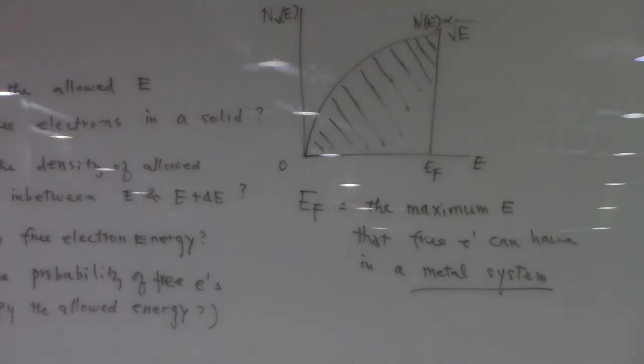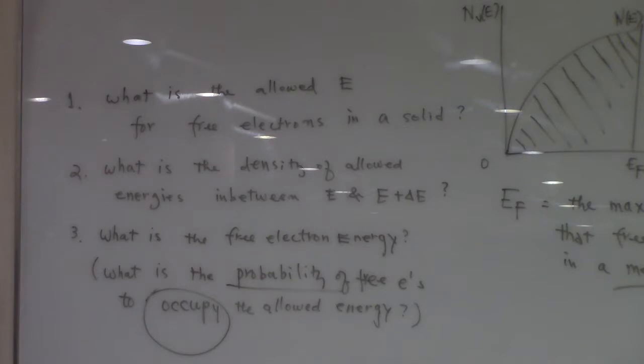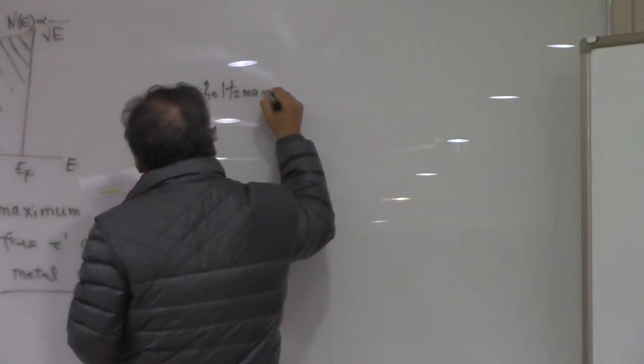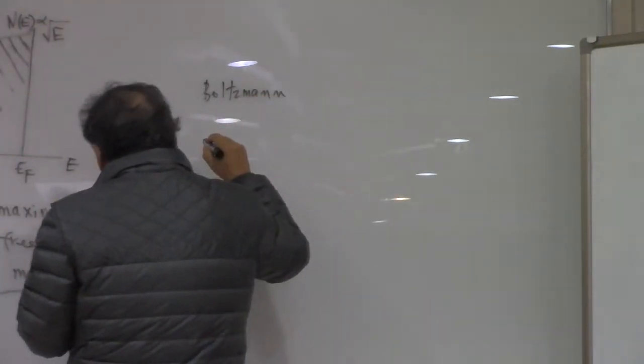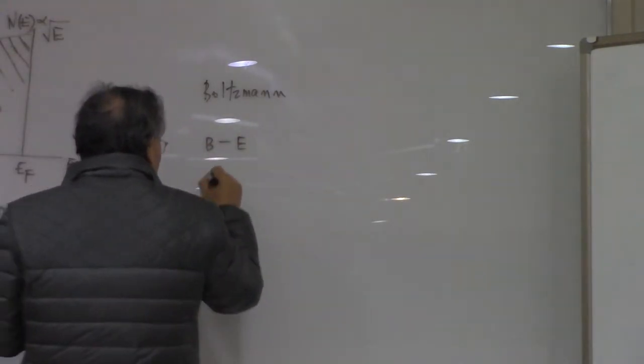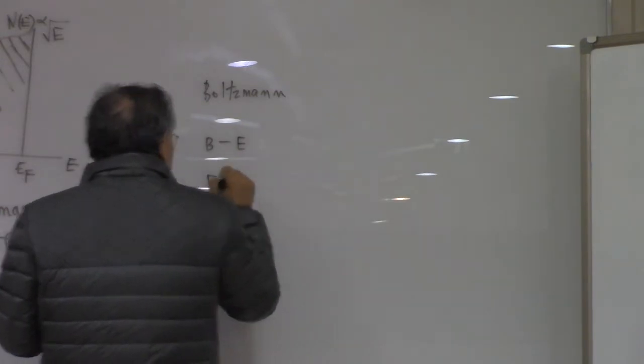Okay. Now, in order to find out the occupancy, then we have to talk about the probability. And there are three statistics shown in your textbook. One is the Boltzmann statistics, the Bose-Einstein statistics, and the Fermi-Dirac statistics.